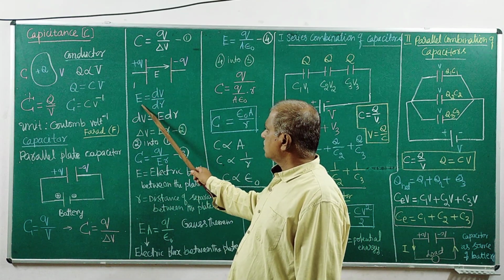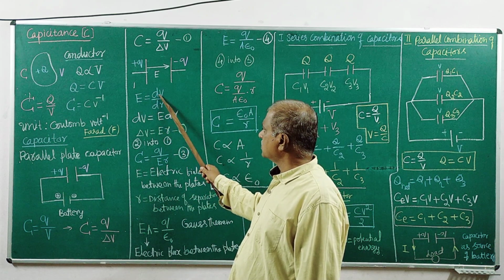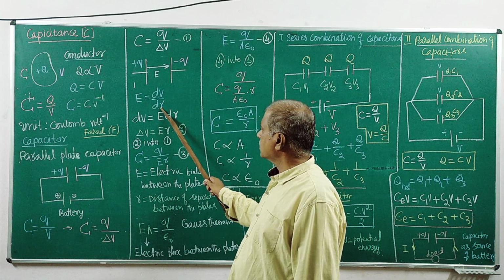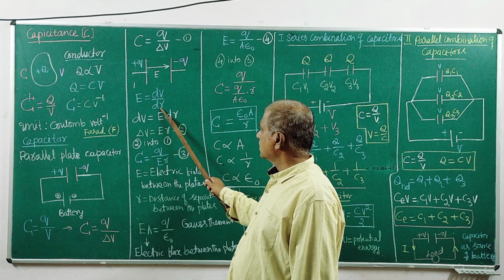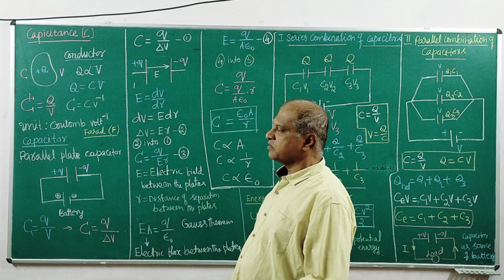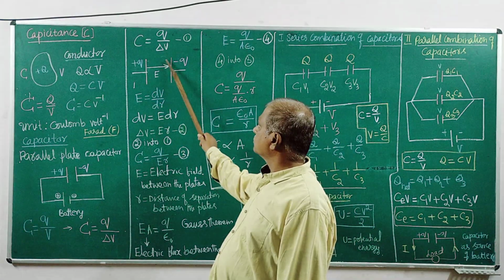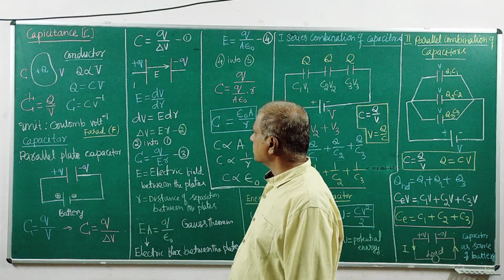As you know, the electric field is, by definition, the rate of change of potential with distance. It is the mathematical definition, a differential equation for the electric field in the space between these two parallel plates.